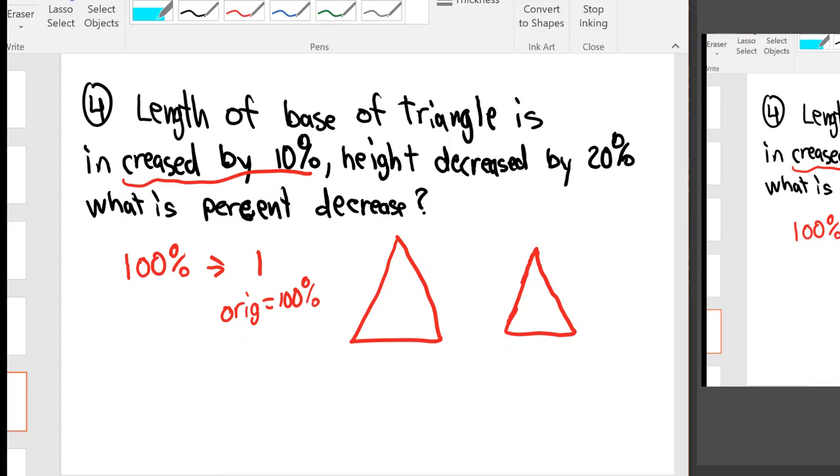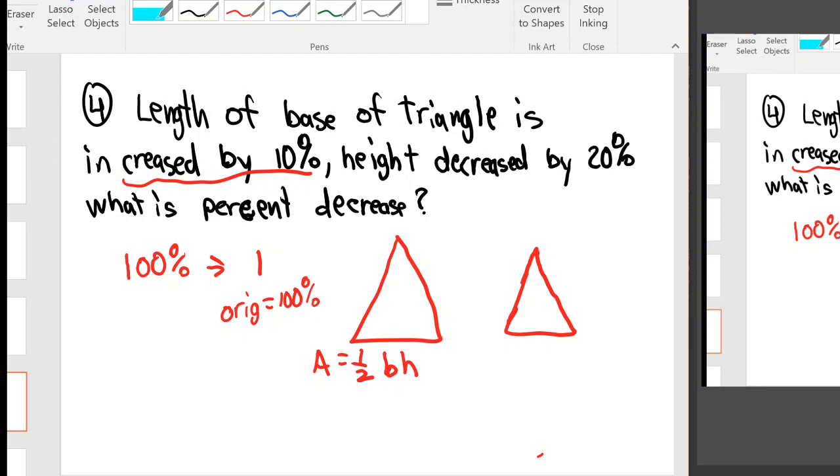The second triangle is where the adjustments are made. So if the length of the base, and I know that I'm talking about the area of a triangle, so I have the area is 100%, or in this case, area is equal to 1/2 base times height.